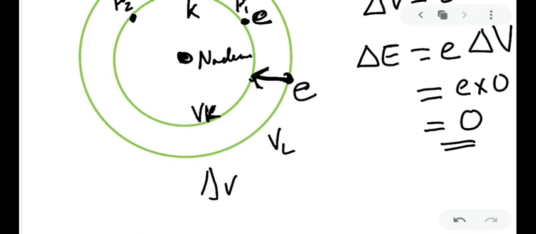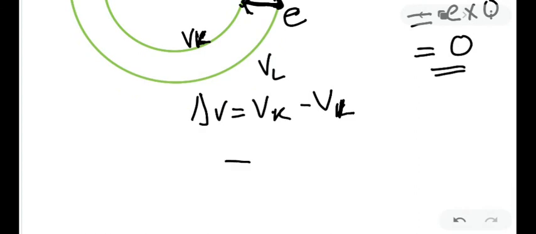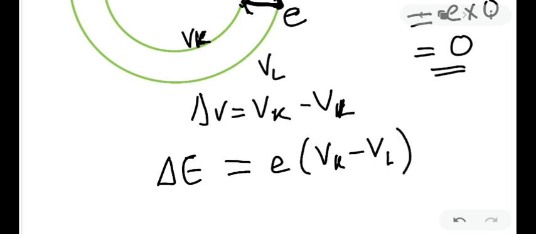The potential difference is basically Vk minus Vl, and that's the potential difference. So what is the energy? Delta E is equal to e times delta V, which is Vk minus Vl. So that is the energy required.